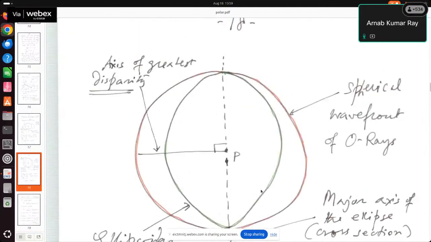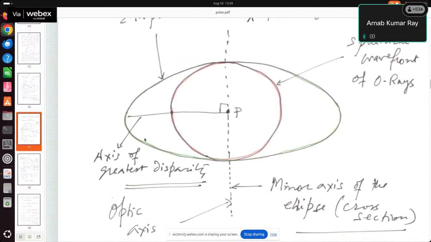So here, let us go back. The refractive index is defined by the speed of light in vacuum divided by the speed with which the E rays are moving along the major axis of this ellipse.